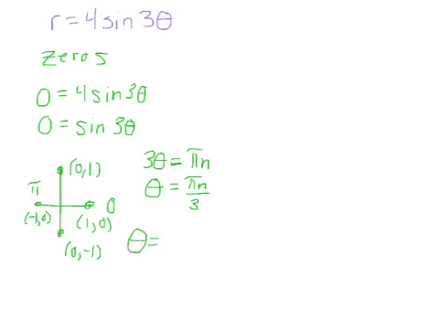So our first one would be at 0, and then at pi over 3, 2 pi over 3, pi, 4 pi over 3, and at 5 pi over 3.